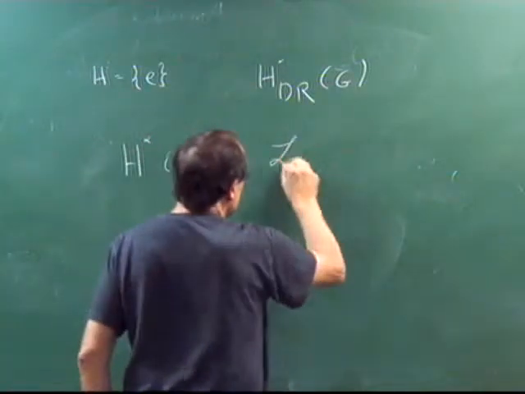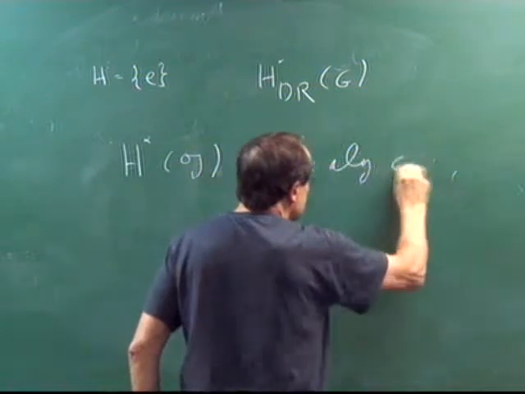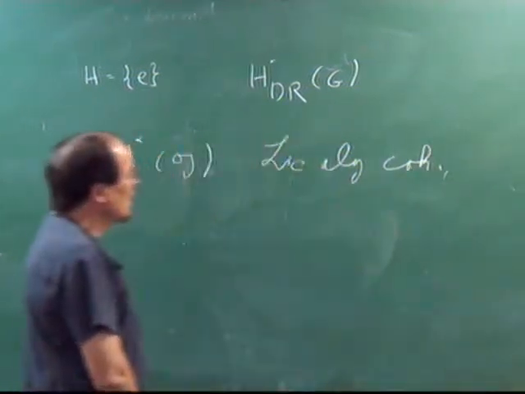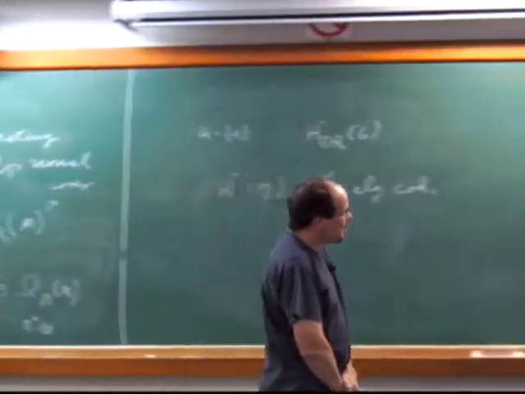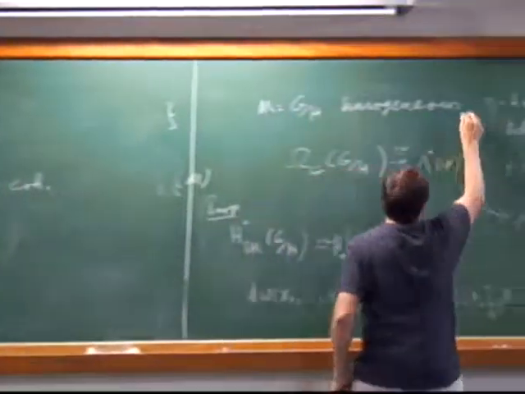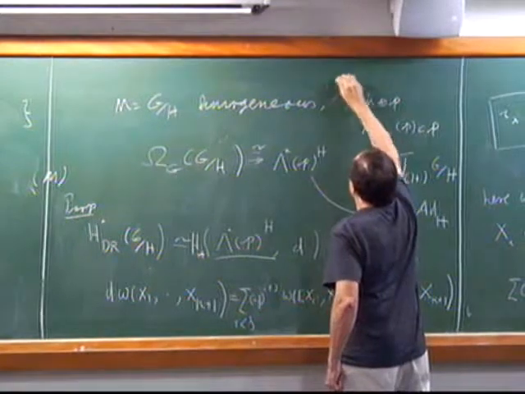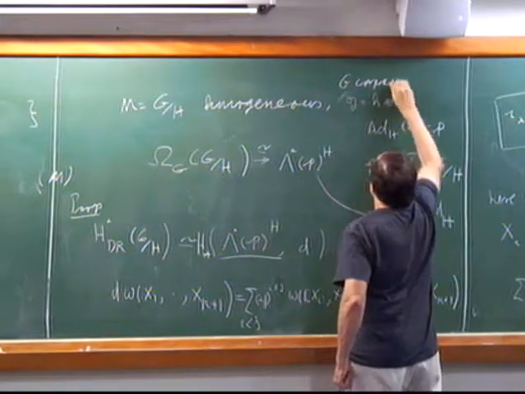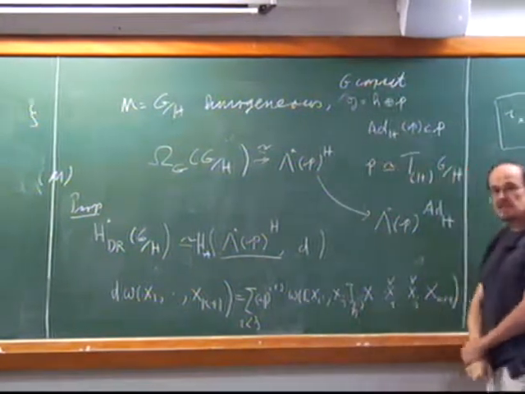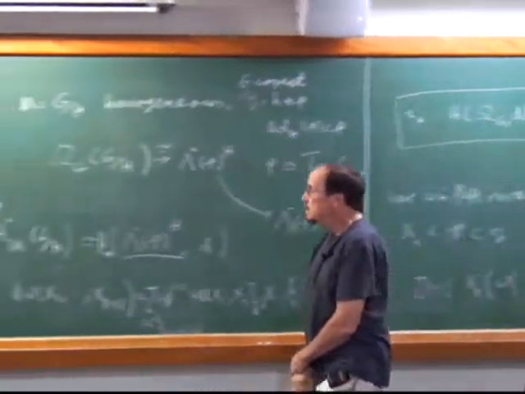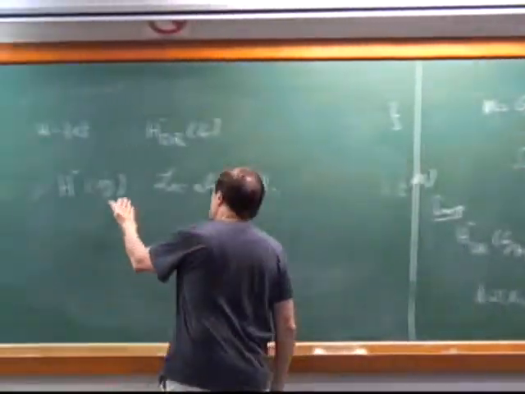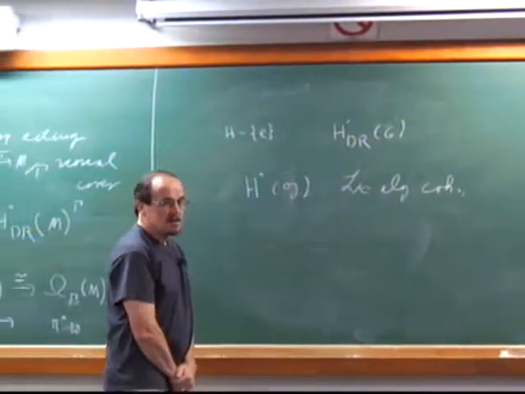And now it doesn't matter whether G is compact or not. So in this general setup here, I've implicitly used the fact that G is compact, because I used an averaging operator and the consequence of the averaging operator. So this is for compact homogeneous spaces. Now this makes sense for any Lie algebra, so it's called the Lie algebra cohomology.